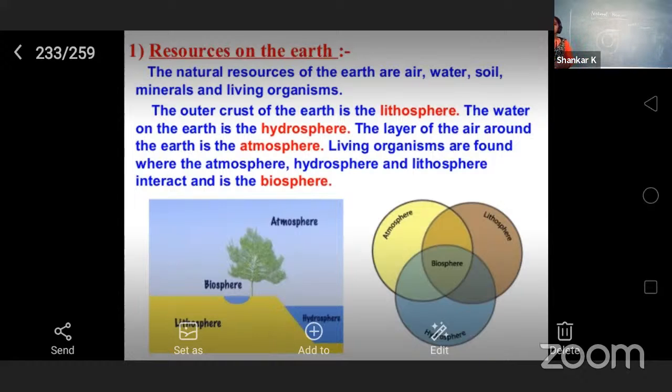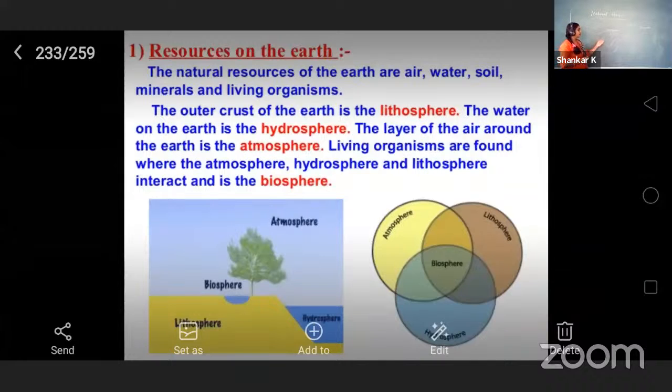Living organisms are found where the atmosphere, hydrosphere and lithosphere interact, and that is the biosphere. It means living things depending on non-living things. Air is non-living, water is non-living, soil is not living, right?